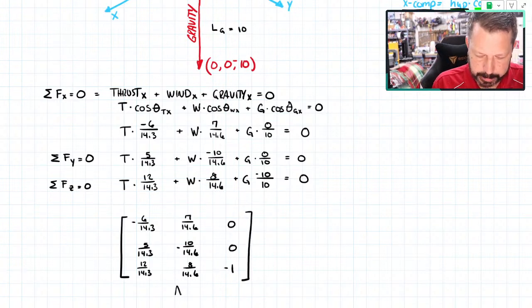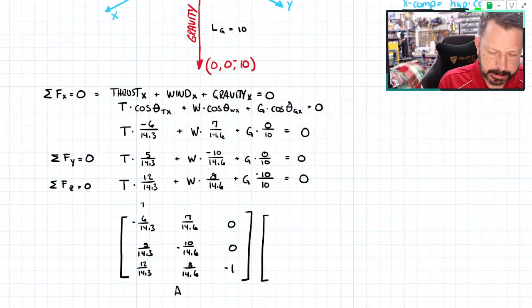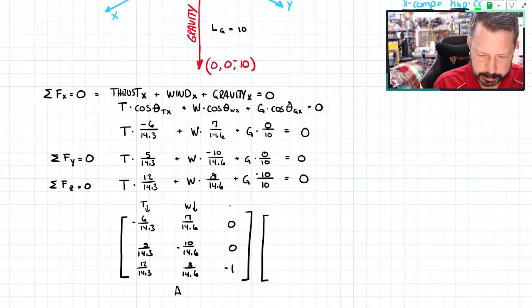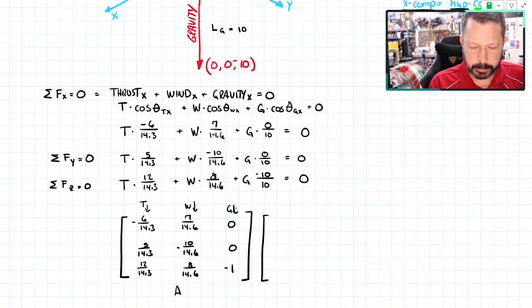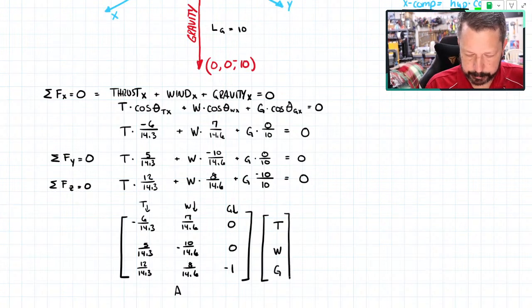So there's our A matrix. Our X, remember, this is all the T column. This one is W down that column, and this was G down this column. Those have to be the same order, T, W, and G, in our X matrix.